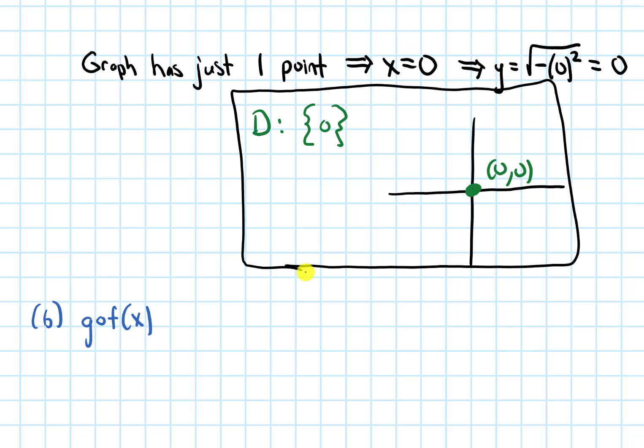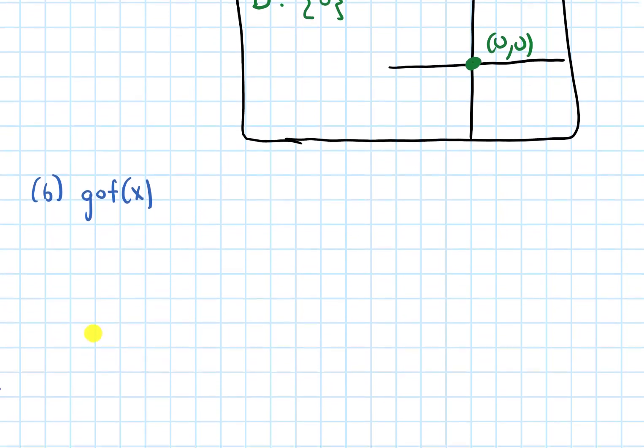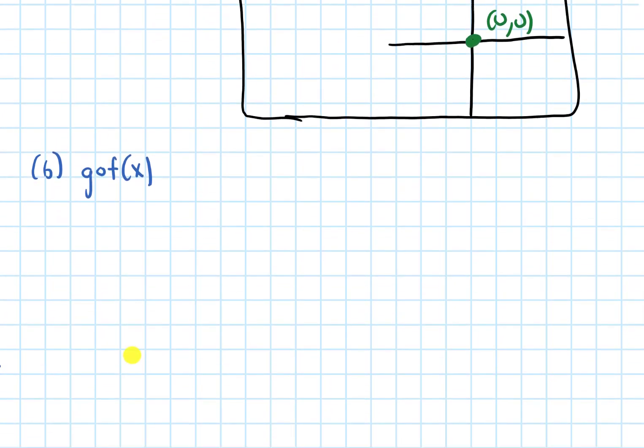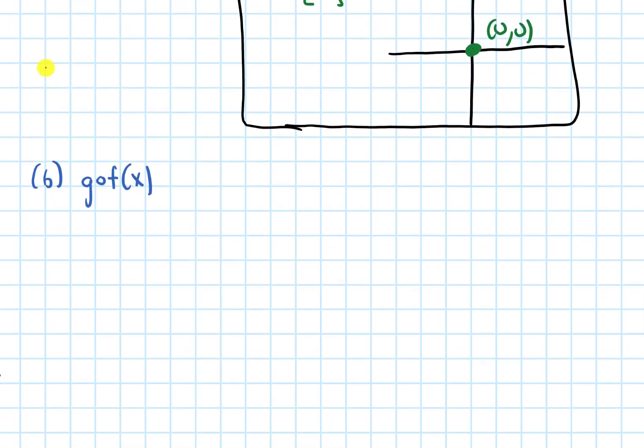All right, so let's look at B next. In B, it wants the composition in the opposite order. So remember that f of x is square root of negative x, and g of x is x squared. Okay, so this is saying, what is g of f of x?